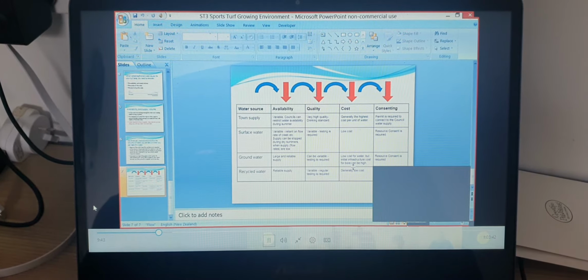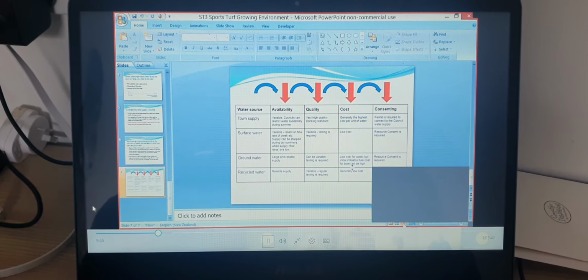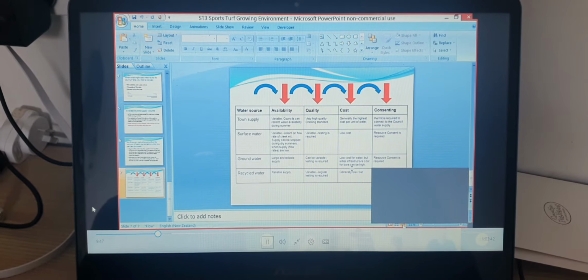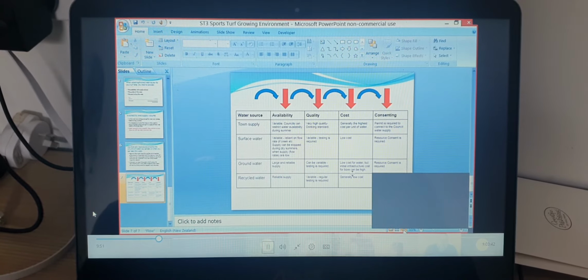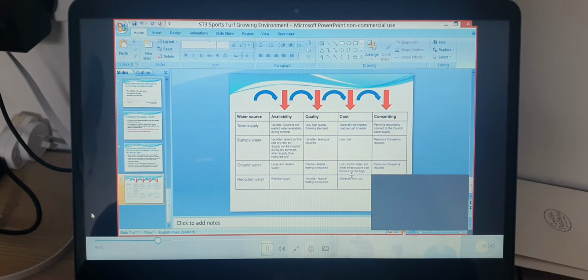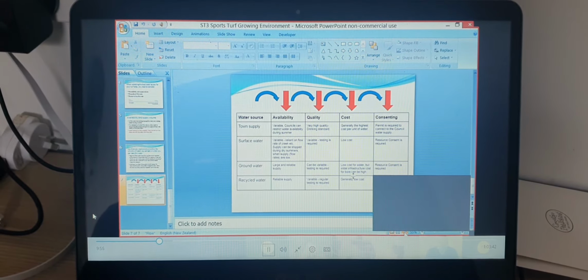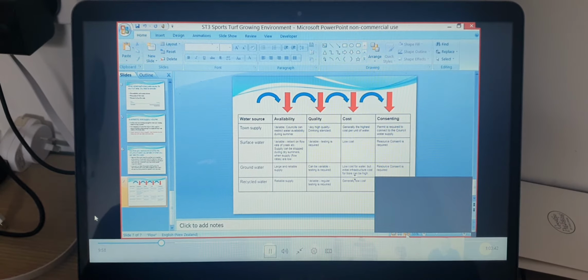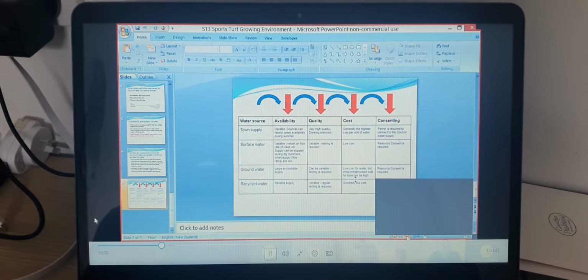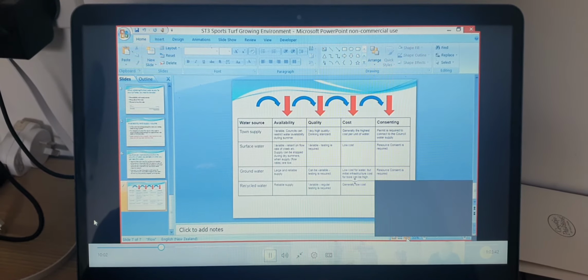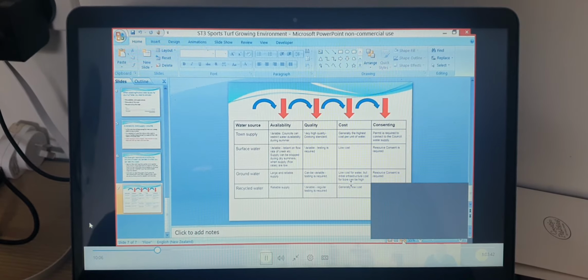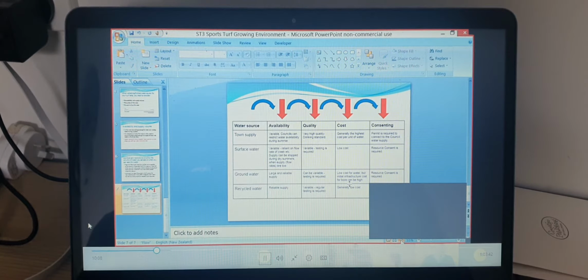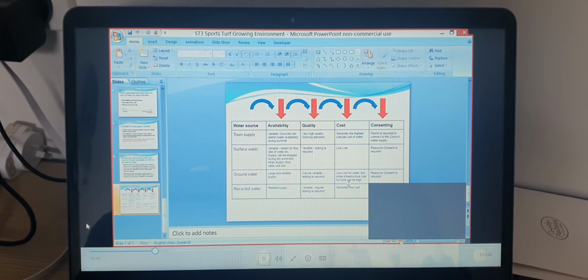So this is just a quick look at the process, starting from you're going to be requiring a water source, whether it be town, surface, ground, or recycled. And then that flows on to availability, the quality, the cost, and then obviously getting all the legal documents in place to then have that availability, and that falls under your consenting.